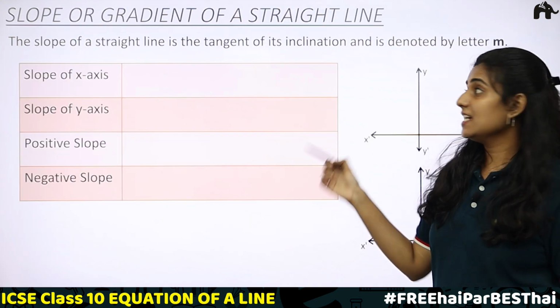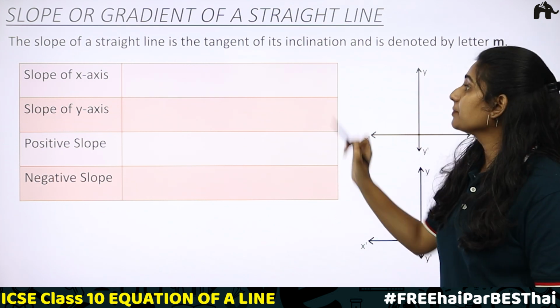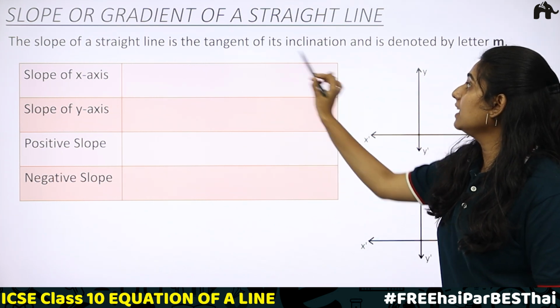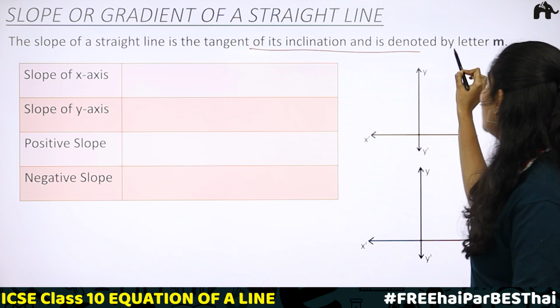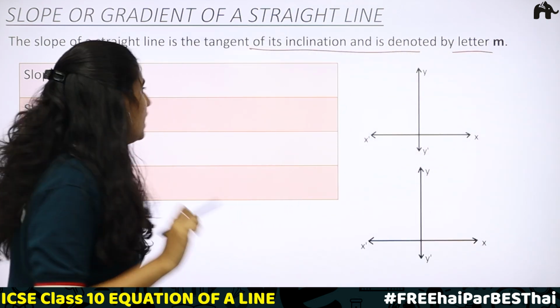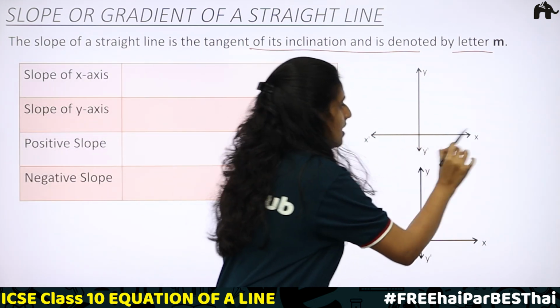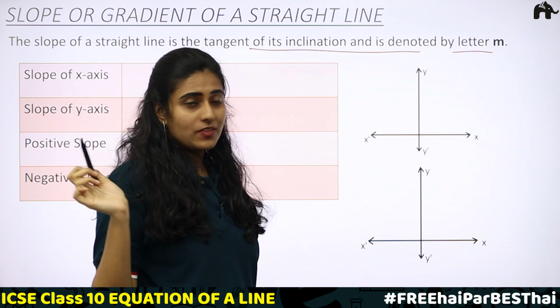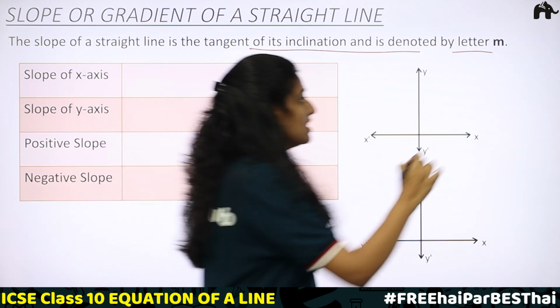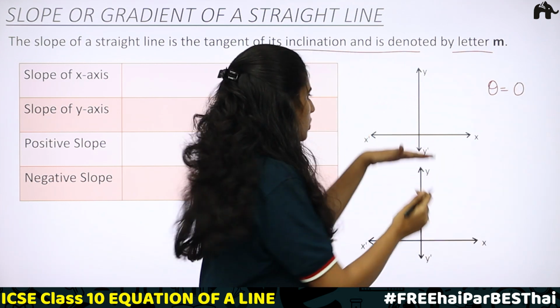Clear? Let us discuss the slope or gradient of a straight line. The slope of a straight line is the tangent of its inclination and is denoted by letter m. Using letter m, we represent the slope. Now, if you are taking the slope of x-axis, what is the slope of x-axis? For x-axis, we have discussed angle theta will be equal to 0 degree. There is no inclination, right?